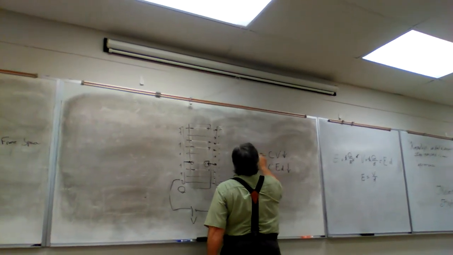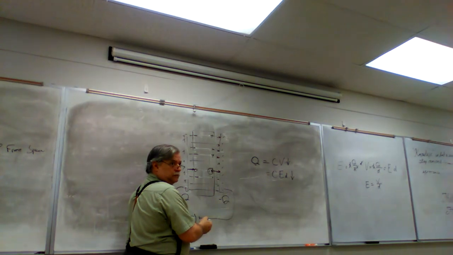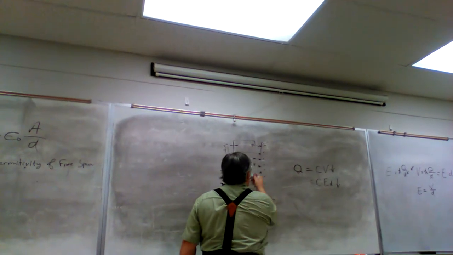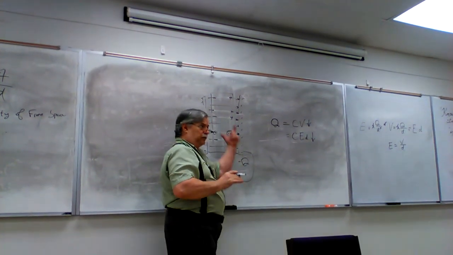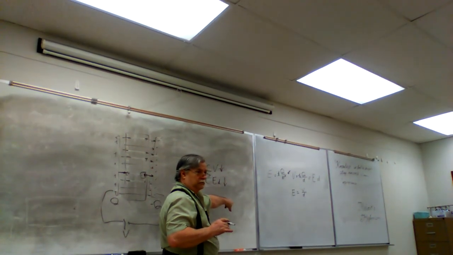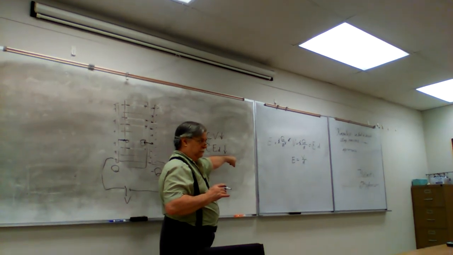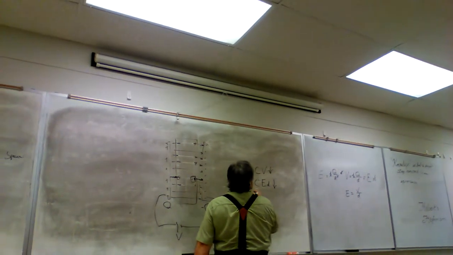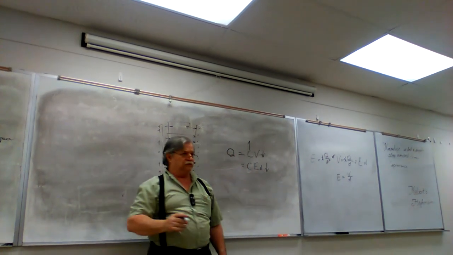So Q has not changed. Does everyone see that? The Q is still the same. We've got the same amount of charge with the dielectric as without it. The only thing that's changed is we put that dielectric in, the E field has gone down, meaning the voltage has gone down. What does that mean then? If Q is still the same, that means capacitance had to go up.